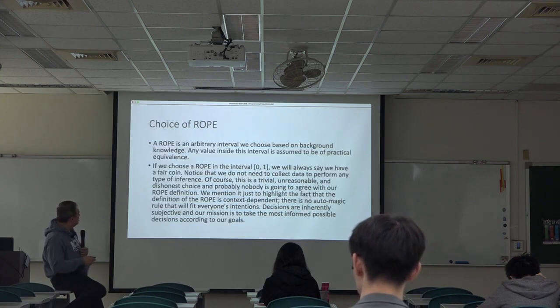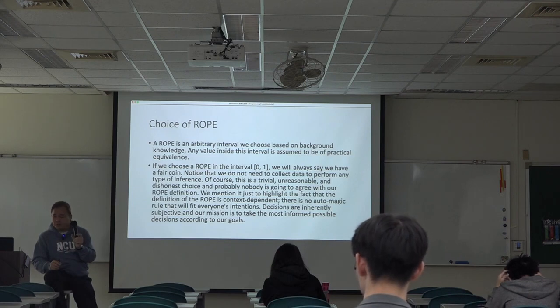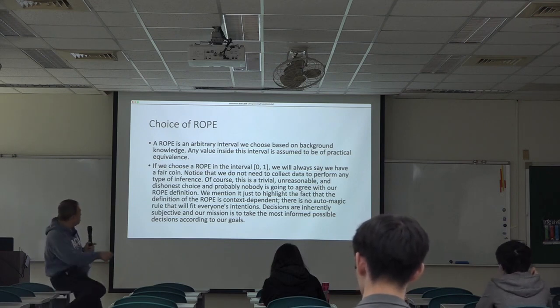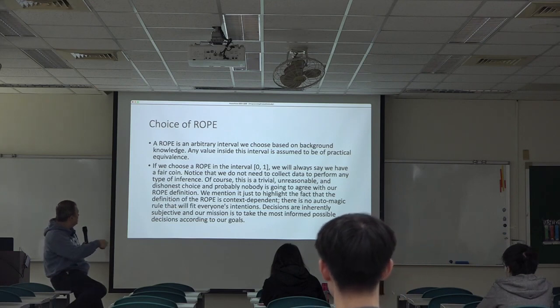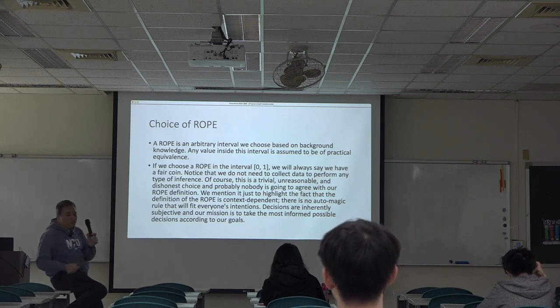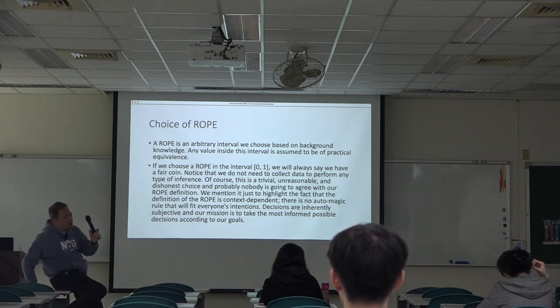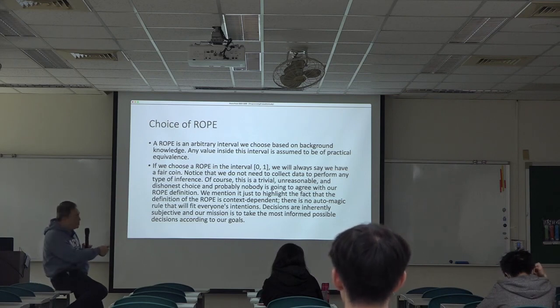Anyway, of course, ROPE is an interval, right? So how do we choose an appropriate ROPE? This is based on background knowledge. Any value inside this interval is assumed to be of practical equivalence. So you could choose the fair coin to be between 0.45 and 0.55, or you can choose the ROPE for coin fairness to be the interval 0 to 1.